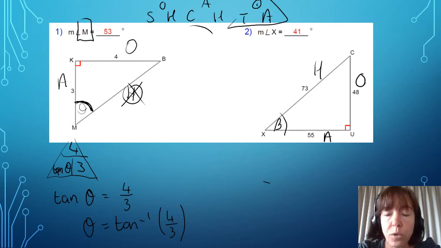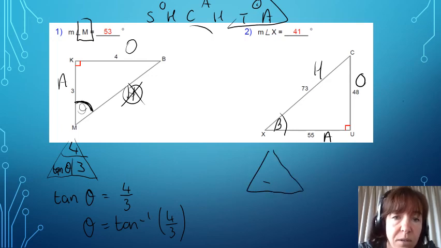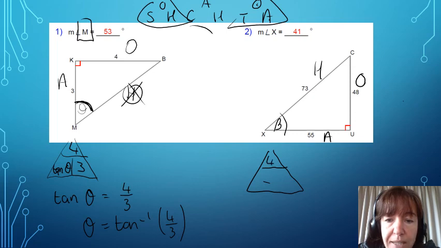So first of all, I'm going to write down that I'm going to use sine. Again, you could have used any of them. So I'm using sine over here. Let's put a little triangle around that. So my opposite side is 48 and my hypotenuse is 73. And I'm going to use sine, so it's going to be sine of beta, or whatever letter you chose to put in there.